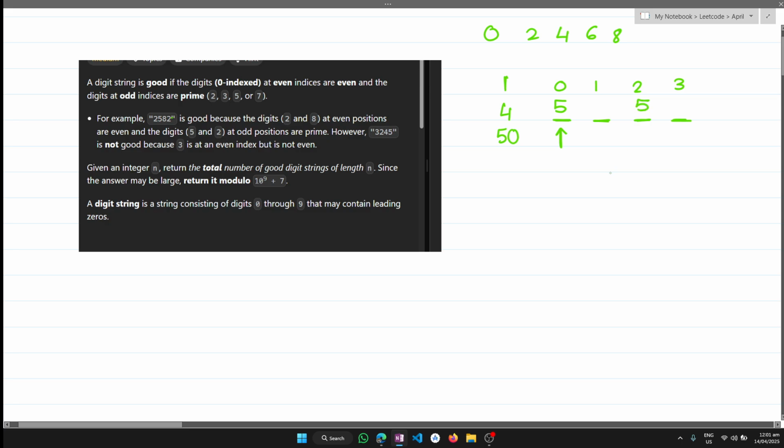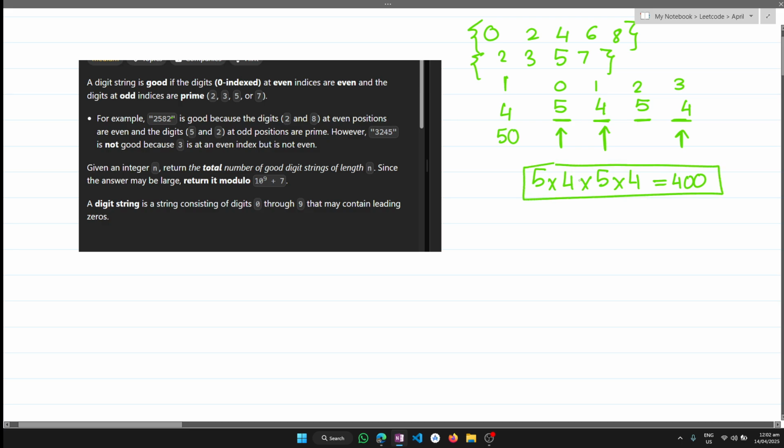Similarly, I have 5 choices over here. But for the odd indices, I have 4 choices. Why? Because 2, 3, 5 or 7. How many prime numbers do I have? 2, 3, 5 and 7. So if I multiply all of these numbers, 5 into 4 into 5 into 4, I get 400, which was actually the answer for this particular test case.